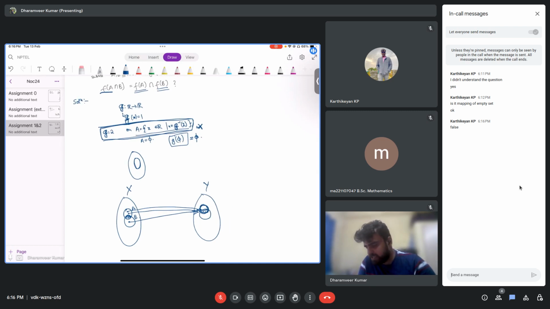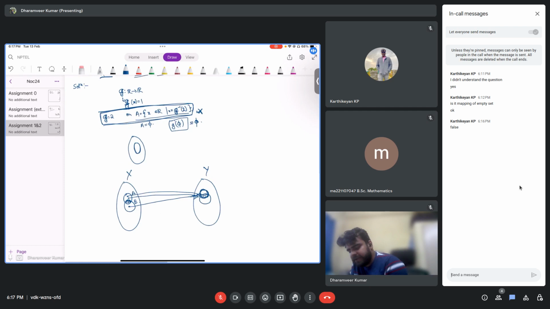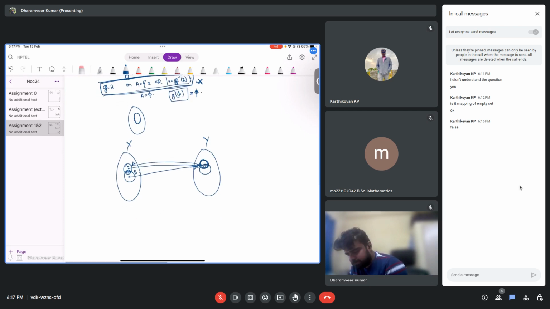Just any counter example will do. For instance, when A intersection B is not there, it's empty, right?